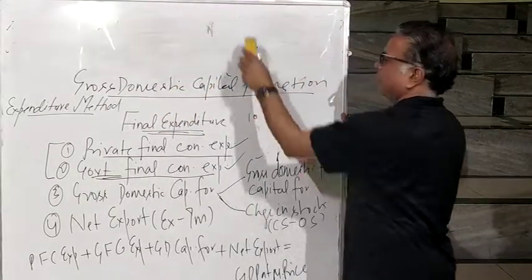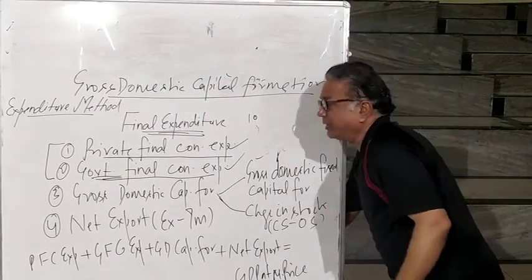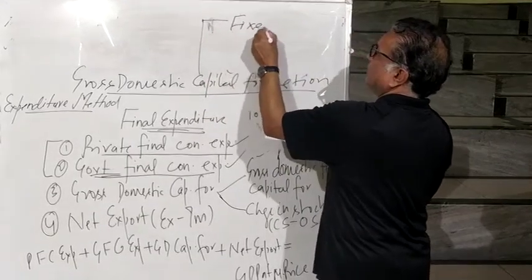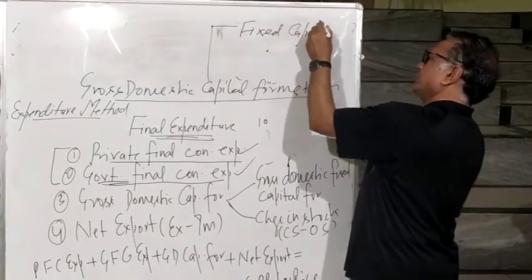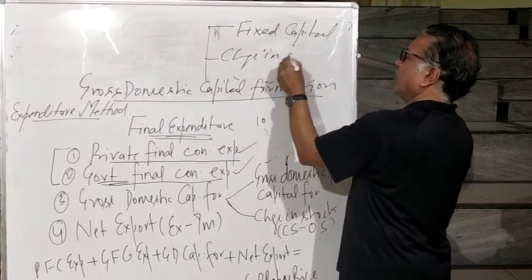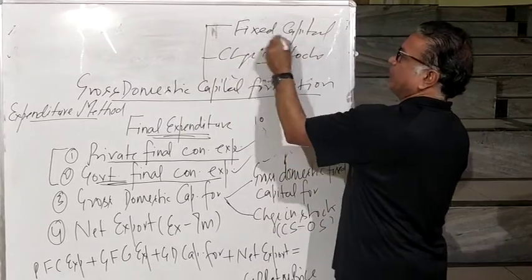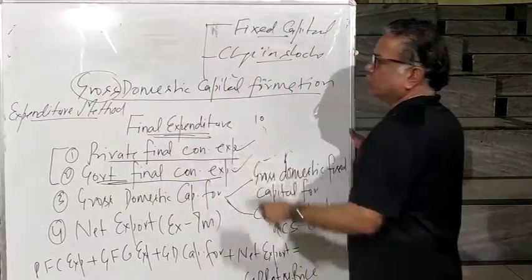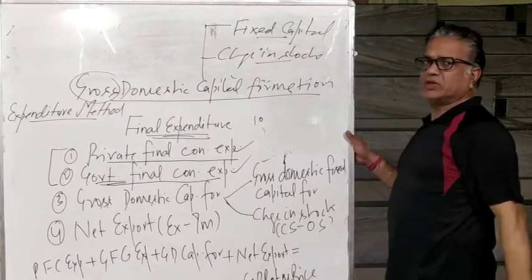Gross domestic capital formation means here capital is of two types. What is it? Fixed capital, right? And change in stock. Two types of capital are here. And plus depreciation. So what is gross domestic capital formation?